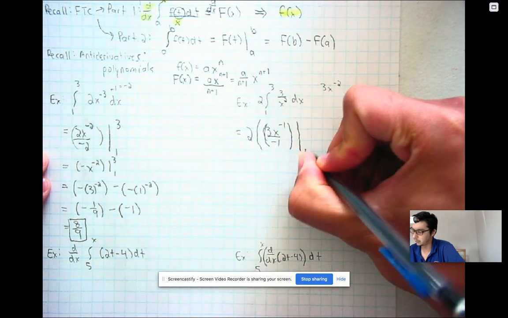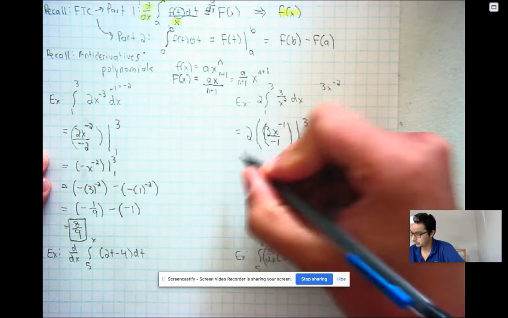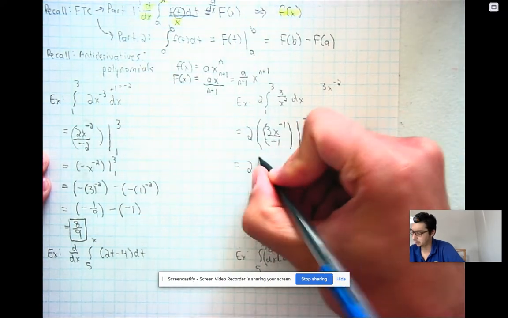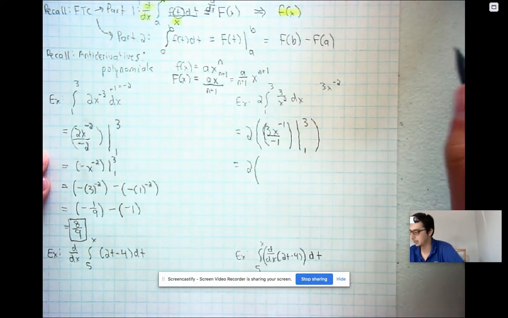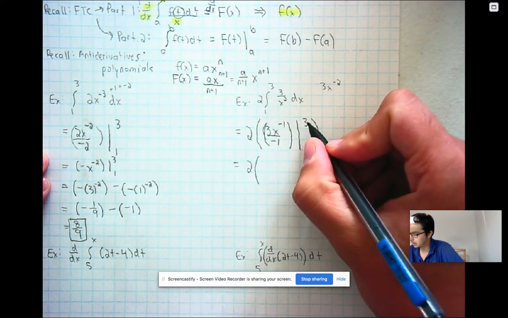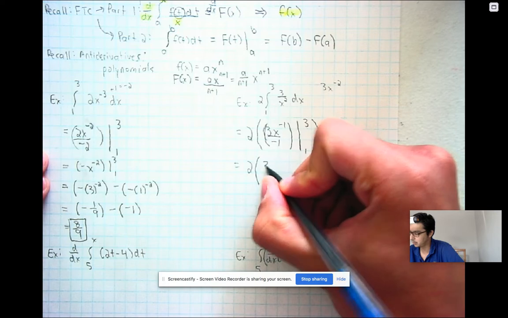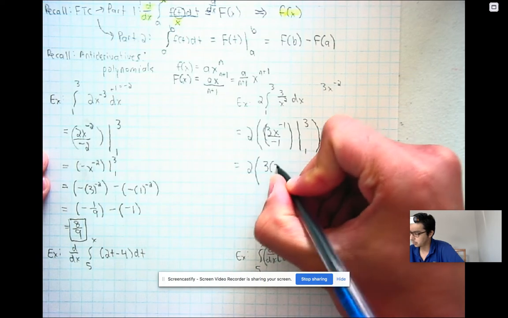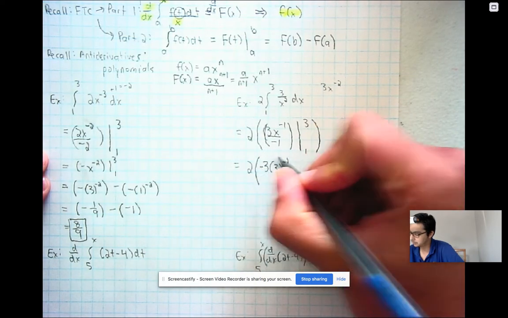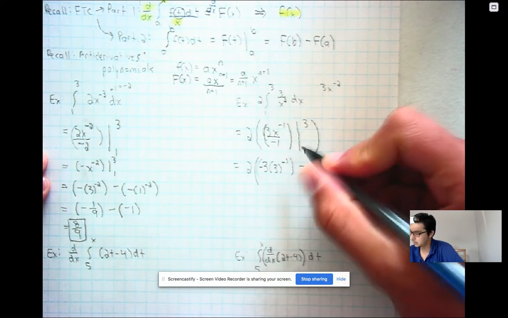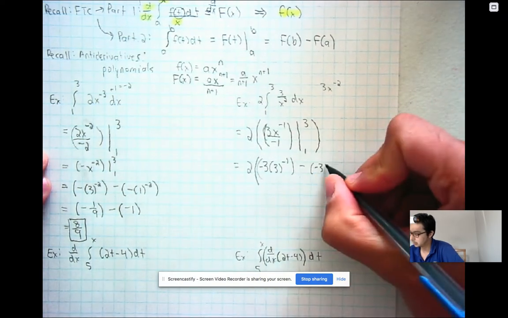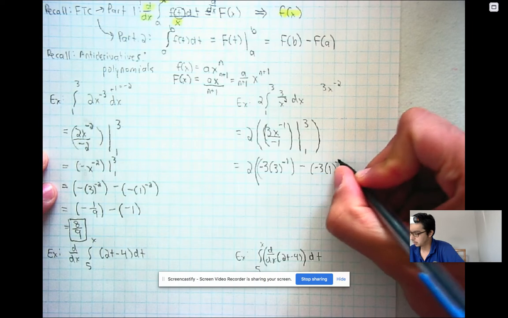And that's to be evaluated from 1 to 3. Notice how I keep the 2 outside of all of it to make sure I save that till the end. Then if I plug in 3 here, that's really negative 3 times 3 to the negative 1, minus negative 3 times 1 to the negative 1.